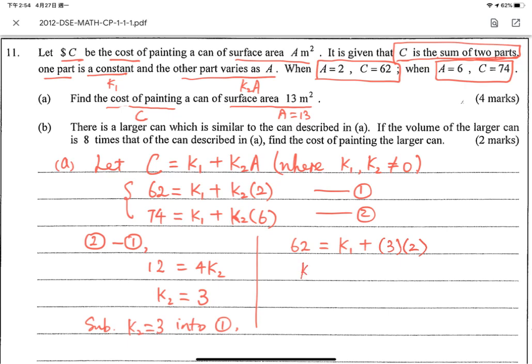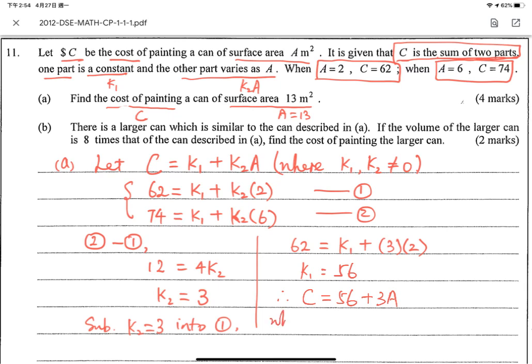So K1 equals 62 minus 3 times 2, which is 62 minus 6, and we get 56. So therefore we have the equation C equals 56 plus 3A.